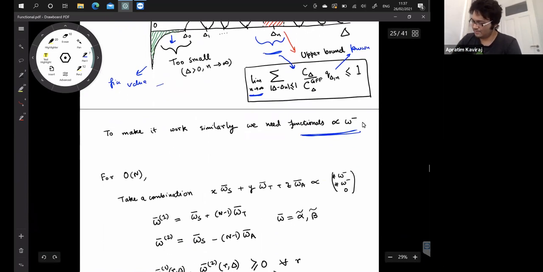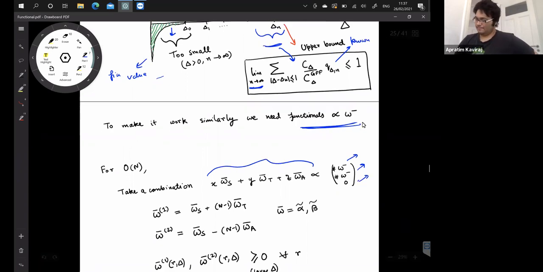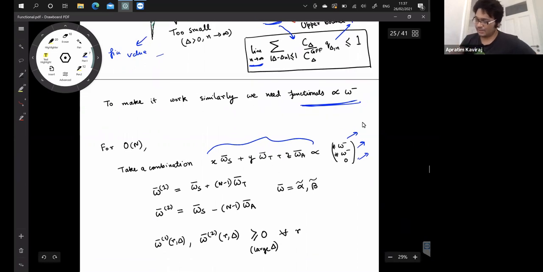So we take a combination omega s, omega t, and omega a, whose components are only omega minus, and the third one, which was omega plus, is just set to 0. This is what you require, and this is possible by choosing a certain combination of omega s and omega t. It just comes from their respective forms.